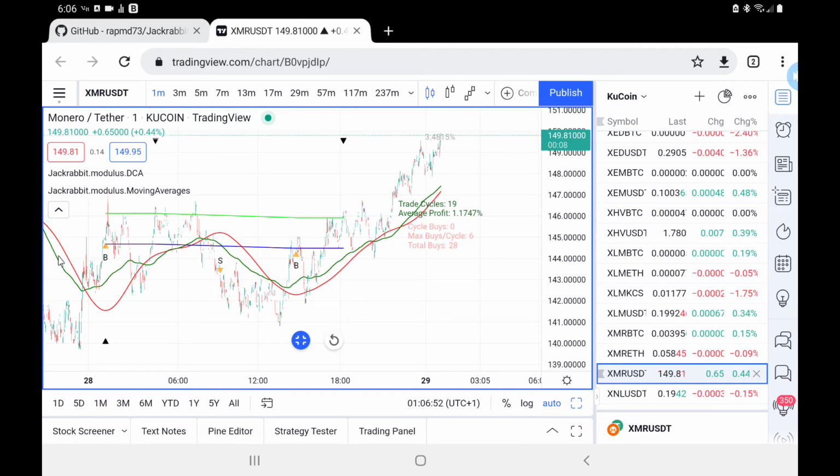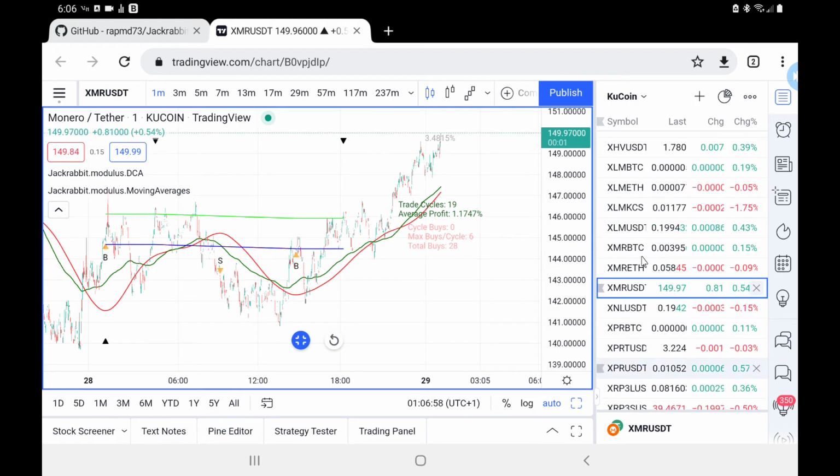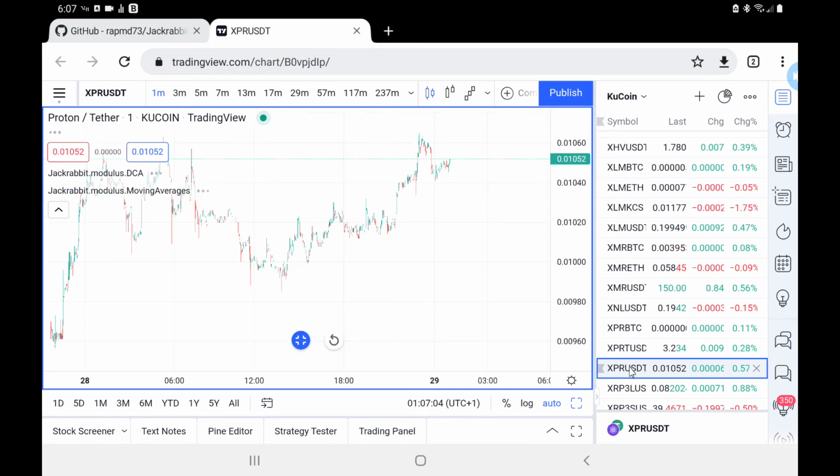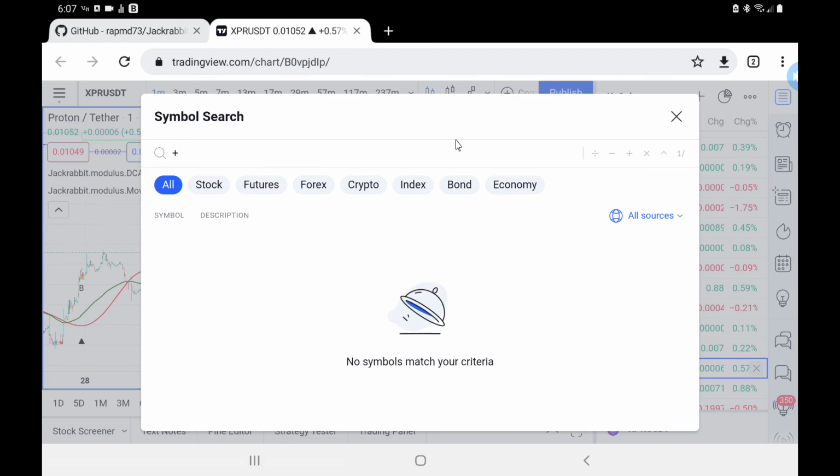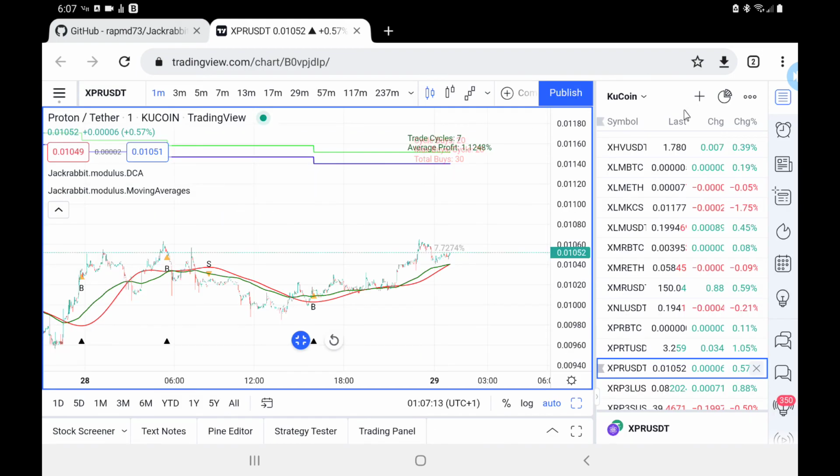Not bad. And where is it? XRP, everybody's little darling lately. It's respectable. 7 trades in 3.5 days is not bad. So this is certainly a good coin worth trading.